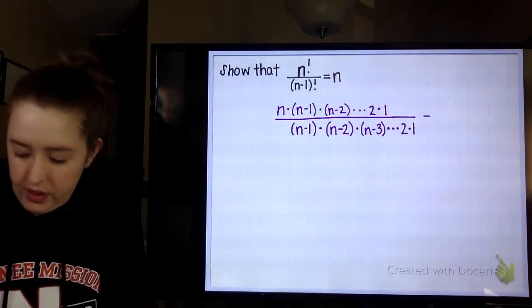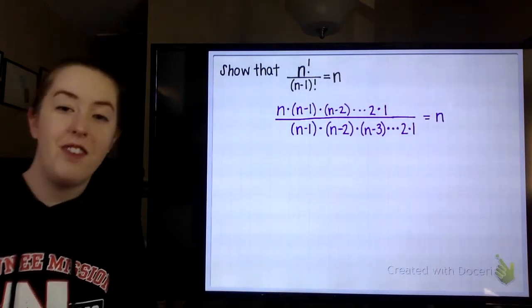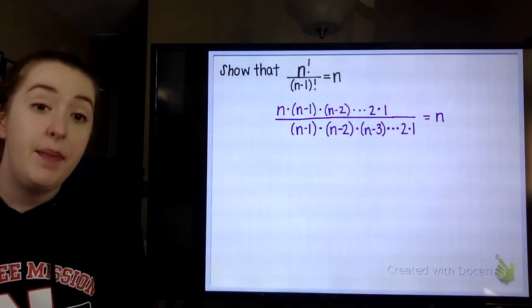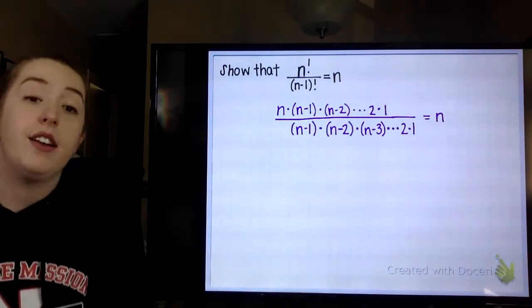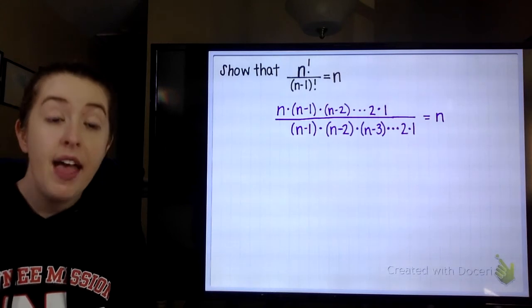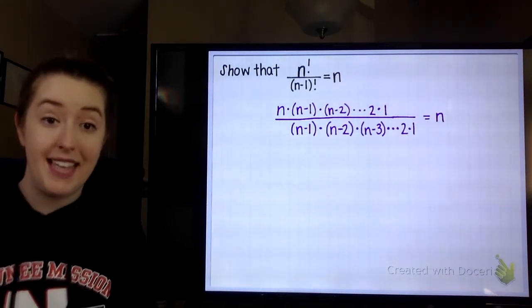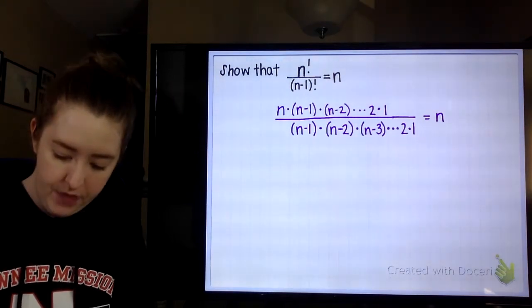We want that to be equal to n. All right, so everything in our numerator is being multiplied by each other, and everything in our denominator is being multiplied by each other. That means that I can now divide away terms and cancel them out to equaling 1.